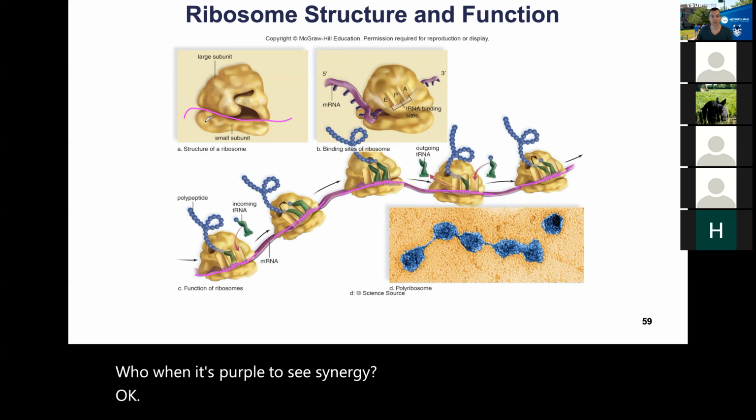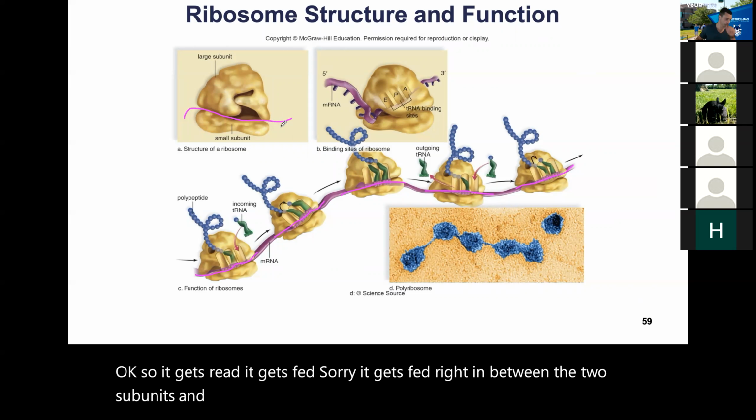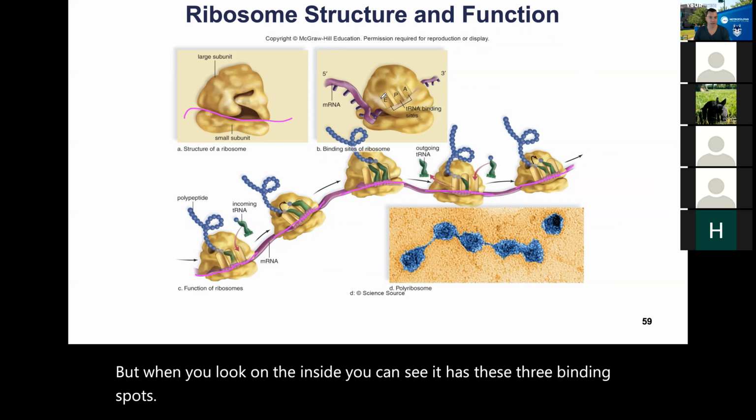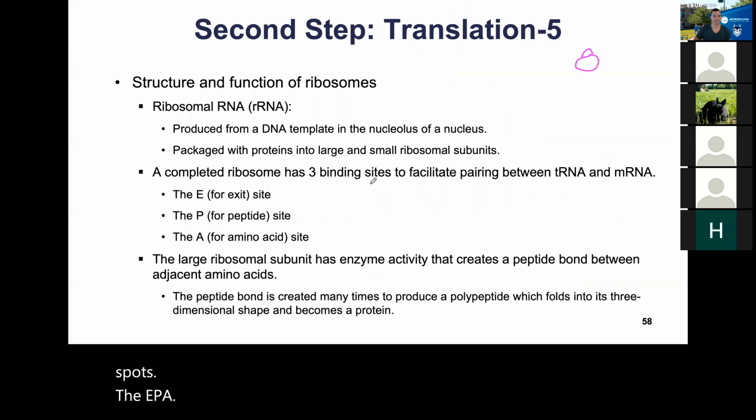Okay, so it gets fed right in between the two subunits, and that's how we read this sucker. But when you look on the inside, you can see it has these 3 binding spots. The EPA. E stands for exit, P stands for peptide, A stands for amino acid.